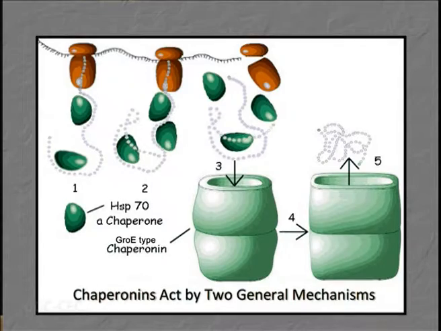And the second class of chaperonins, like the GroE type, take the proteins out of the whole crowd. The proteins are synthesized in huge numbers, and the hydrophobic domains of these proteins start interacting among themselves, leading to misfolding of the protein. So it takes the protein out of the crowd and allows it to take its native conformation.